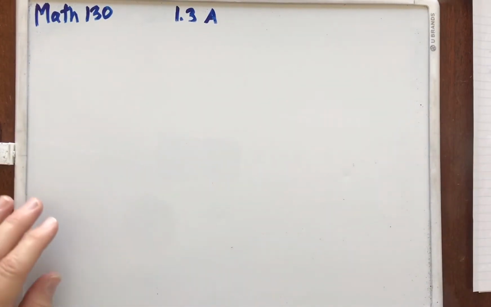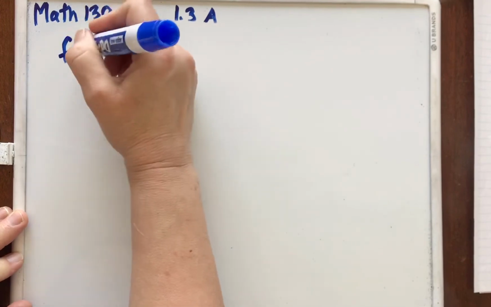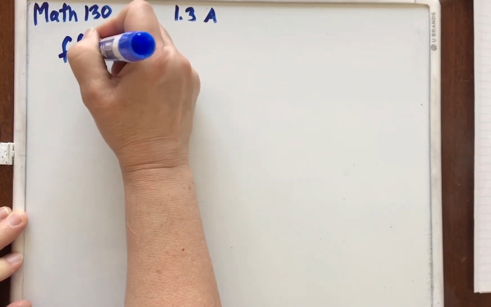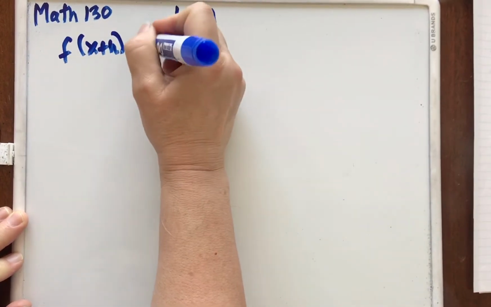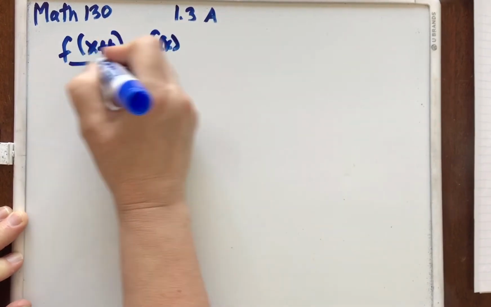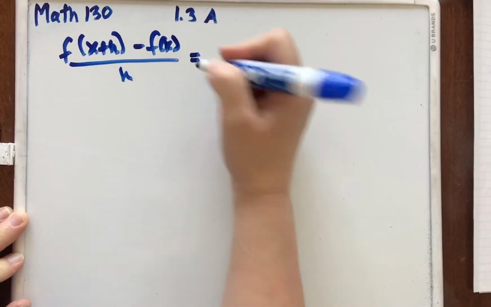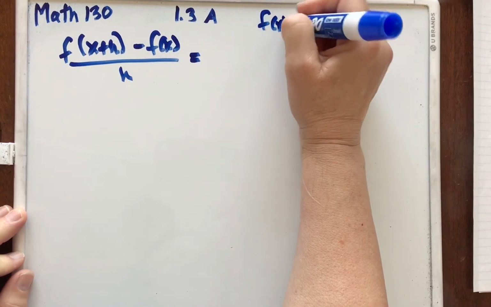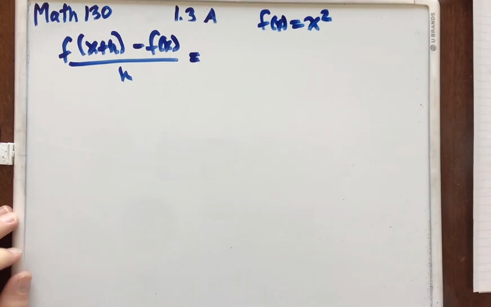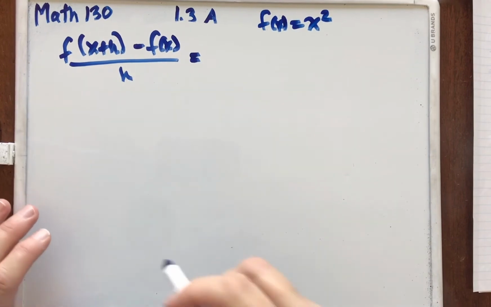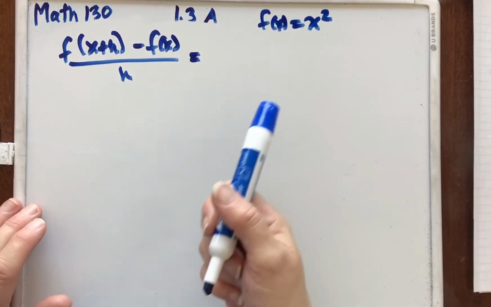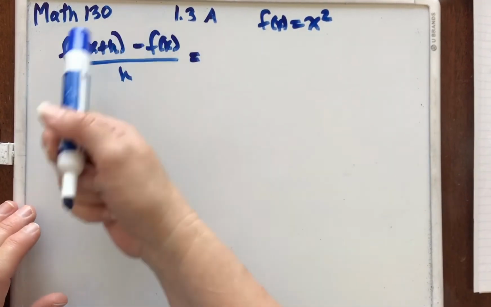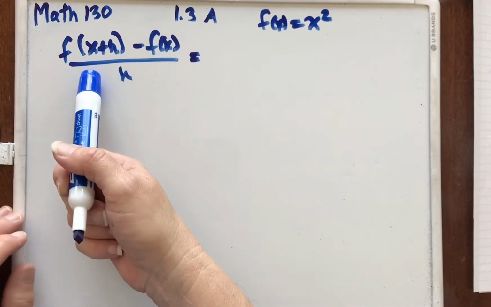So here we go. They're asking us to find the difference quotient. And you'll see problems like this on your homework. We said that the equation was f of x equals x squared. So instead of putting in the actual points, we're going to go ahead and find the general term for the difference quotient.